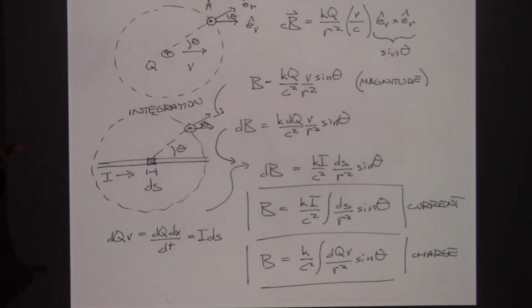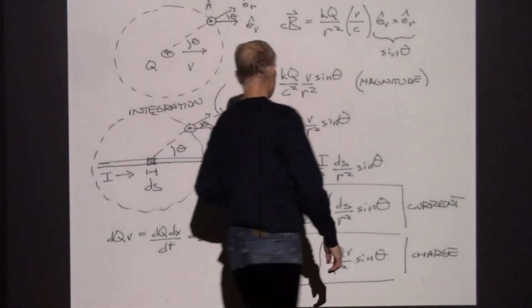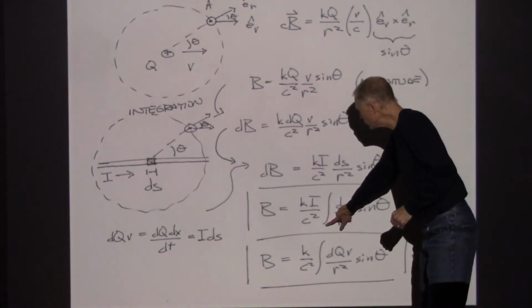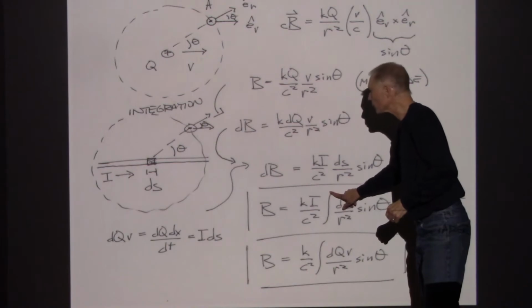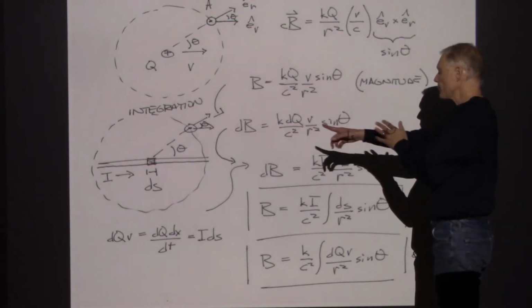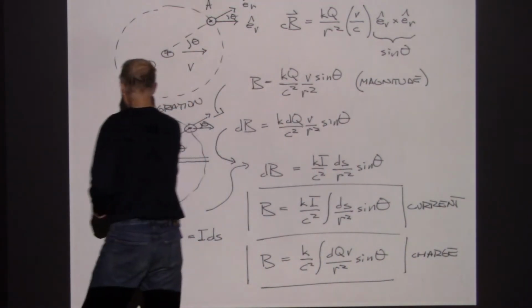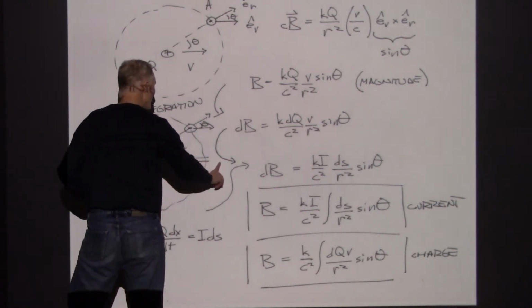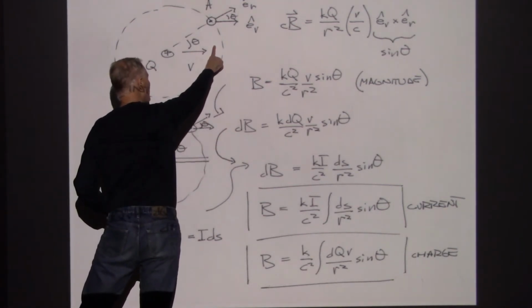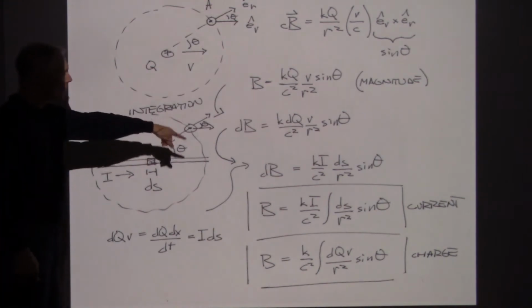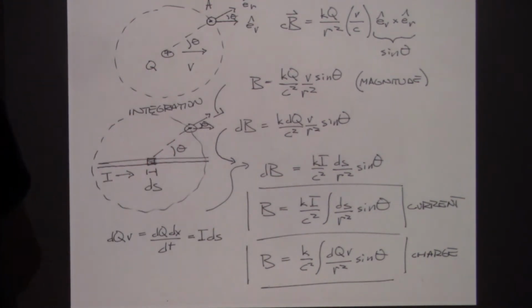The advantage of this approach is that it doesn't have to be an infinitely long wire. Direct integration allows us to go in and change the limits of integration. So if this wire goes on for 40 centimeters and then it bends and goes somewhere else for 40 centimeters, this formula allows us to take that into account.